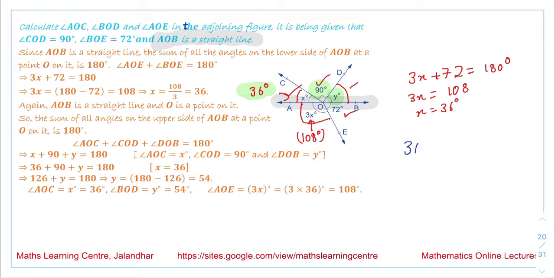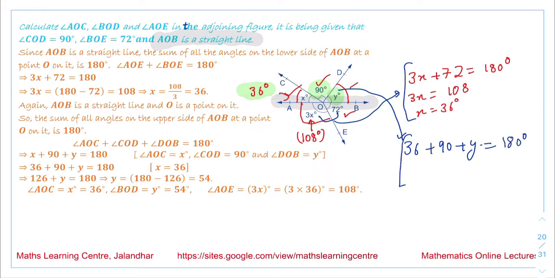So we have 36 plus 90 plus y. When you solve these values, you get 126 plus y equal to 180 degrees. So the value of y you will get is 54 degrees. So these are the three values that we have to calculate.